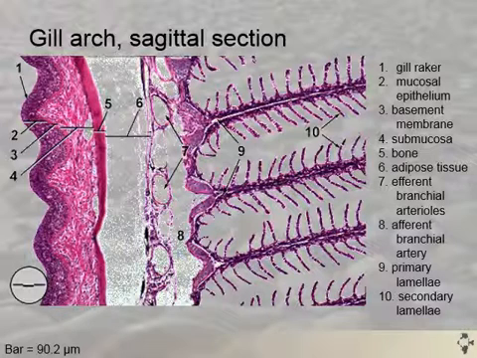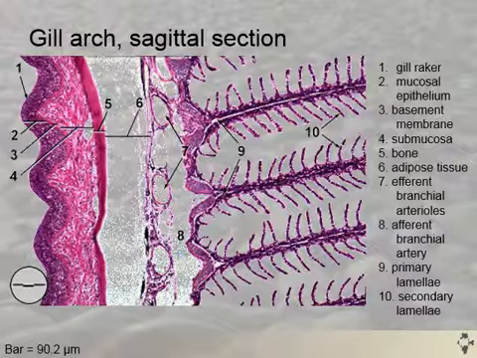So number 7 is showing the efferent branchial arterioles, and the number 8 is showing the afferent branchial arteries. So this is blood that is leaving and coming to the gill. And again, the direction of that flow is going to be very important, as we'll see. Of course, you can see number 9 and number 10 illustrating the primary and secondary lamellae.